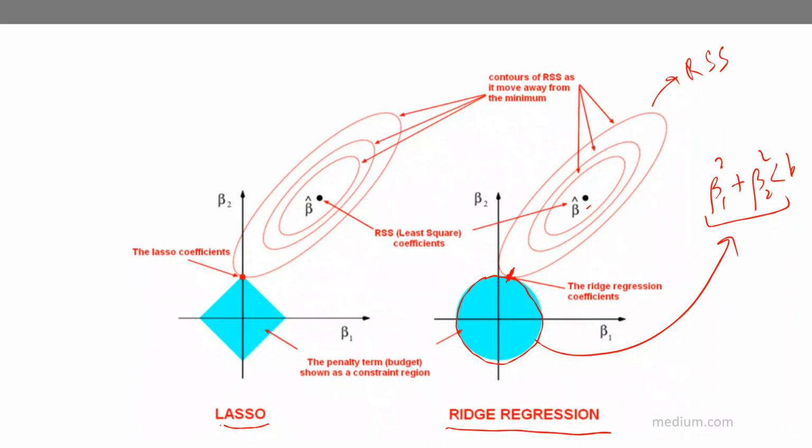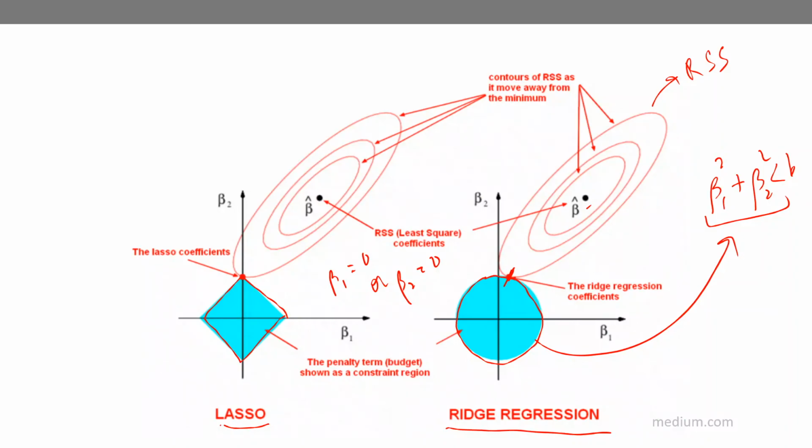And this exactly 0 can be achieved by the lasso coefficients, just because it has this shape of a diamond, and it can achieve exact beta 1 equals 0 or exact beta 2 equals 0, right? Because this will have a point that lies on the axis, versus the circle might shrink to almost 0. But as you can see, the intersection can happen somewhere here. So that has shrunk the beta 1 value to a very small value, but that is not exactly 0.